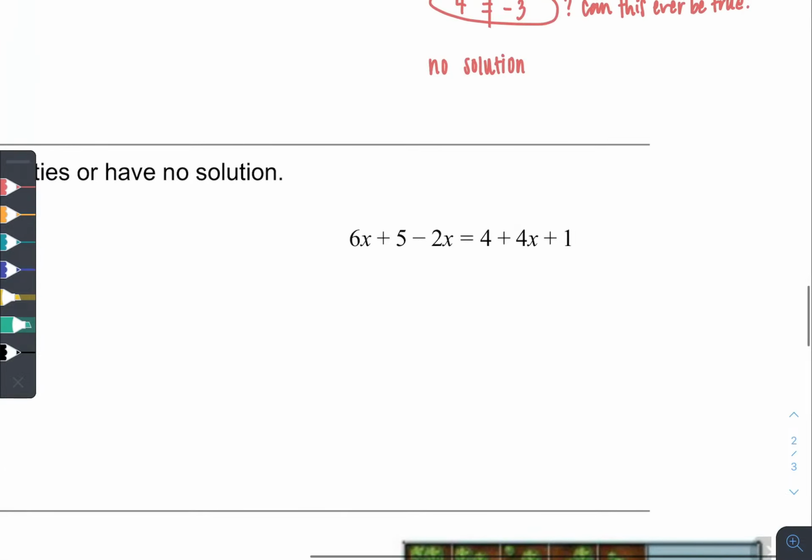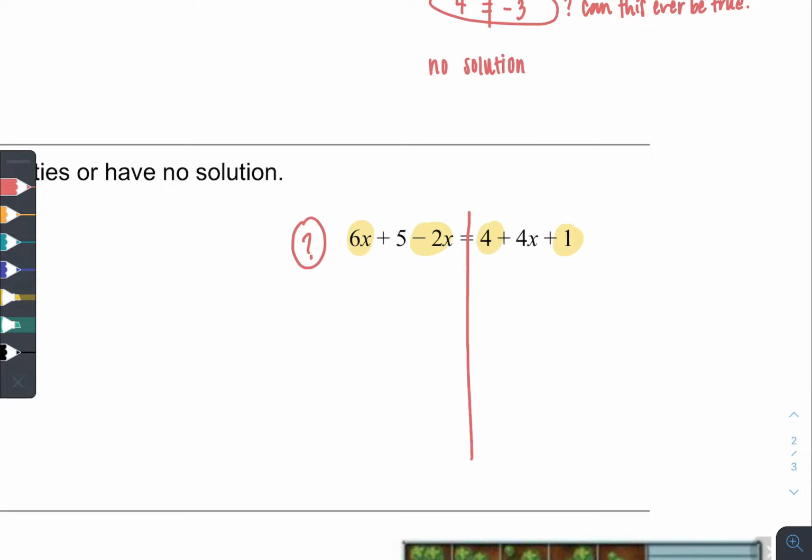Next up, do this problem. All right, so I'm going to combine like terms on the same side, so that's going to be 6x and negative 2x, I should say. And then 4 and 1.